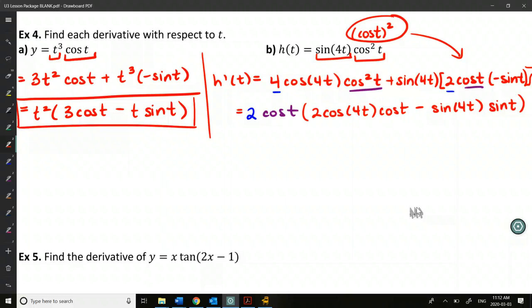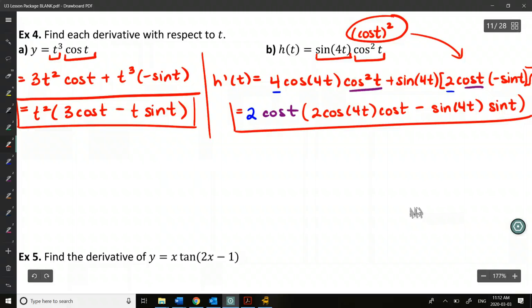Okay, not too much that we can do with this. This is kind of similar to a compound angle formula, like a cos minus a sine, but it has a 2 in front, so we can't apply the formula there. So this is really as far as we can go with it.